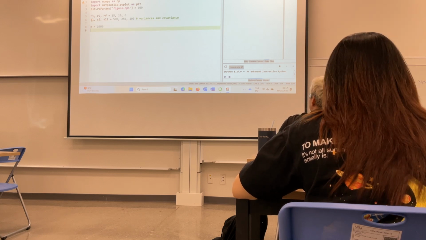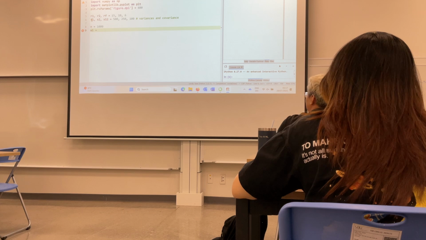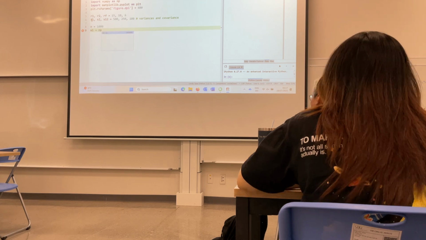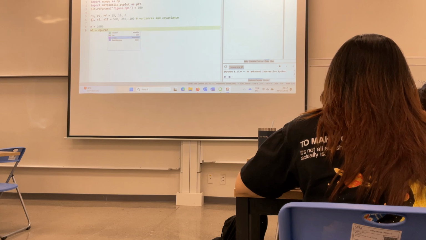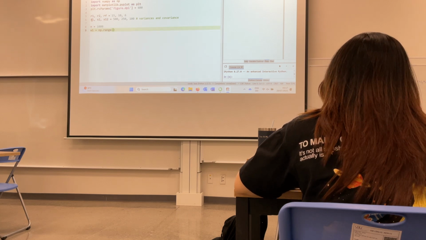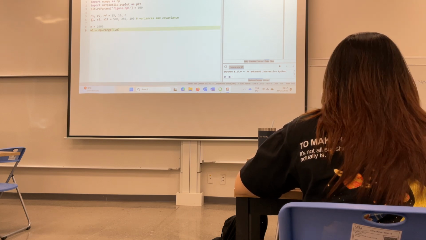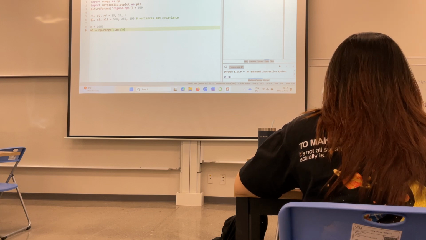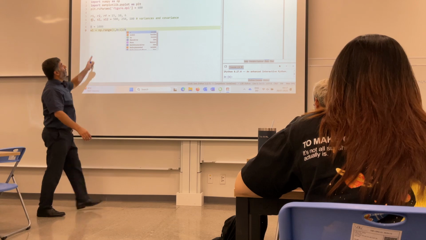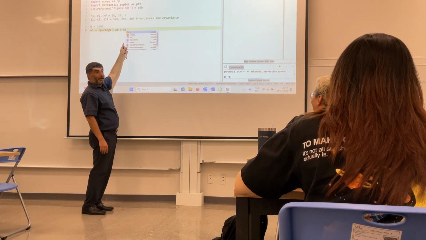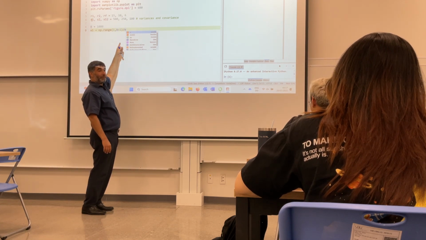Alright, so now let's generate the W1. Let's say we have a range that starts at 1 and goes to n plus 1, and then we divide it by n. So the first weight will be 1 divided by 1,000, then 2 divided by 1,000, till 1.